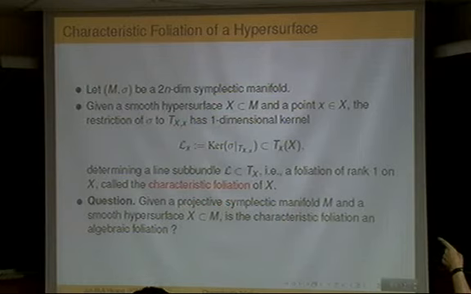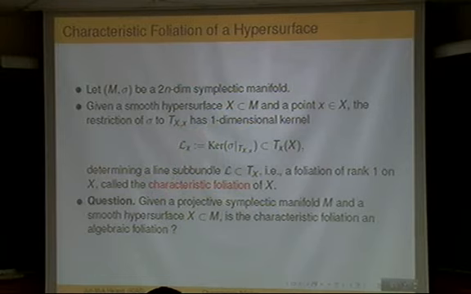Is there any relation between the hypersurface and the leaves of the characteristic foliation? The Riemann surface and the hypersurface? Yes, has some relation. I mean, first of all, this characteristic foliation is determined by this hypersurface this way. But when you are given a local defining function, you can write down a differential equation for this in terms of the local function.